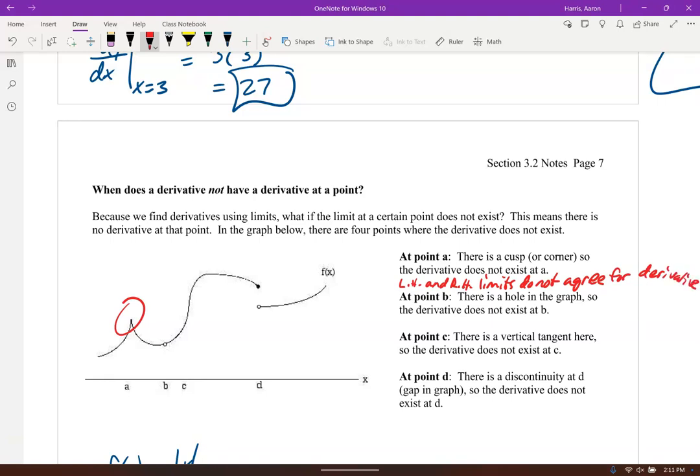At point B, this is a problem because there's a hole. And you must be continuous. I know there's a limit there, but it's got to be continuous there. It has to be defined. It must be continuous to be differentiable.